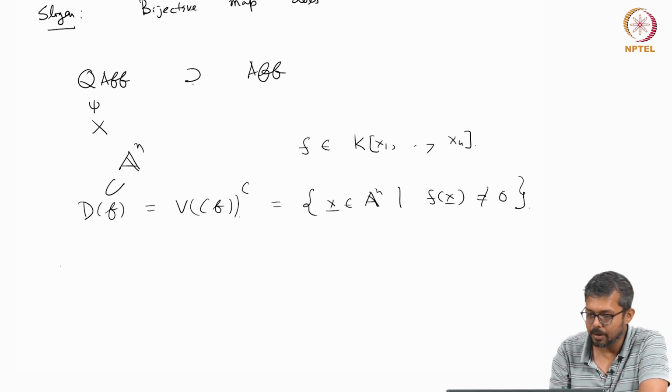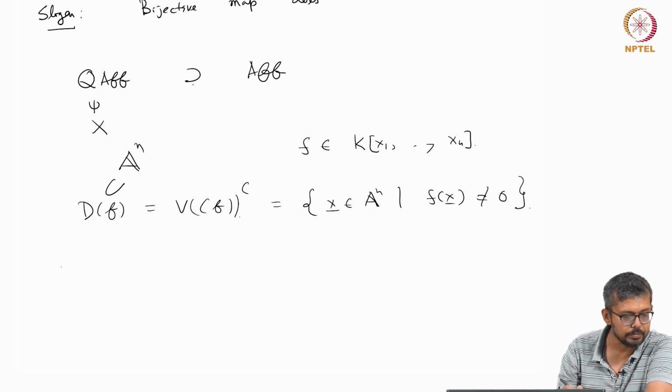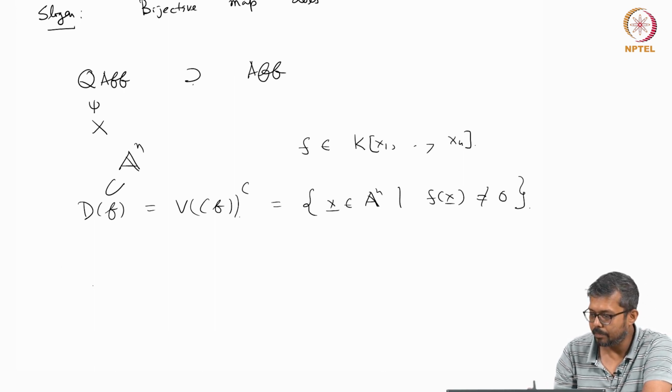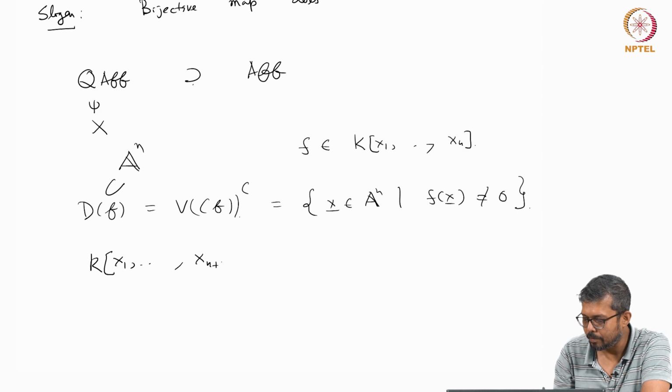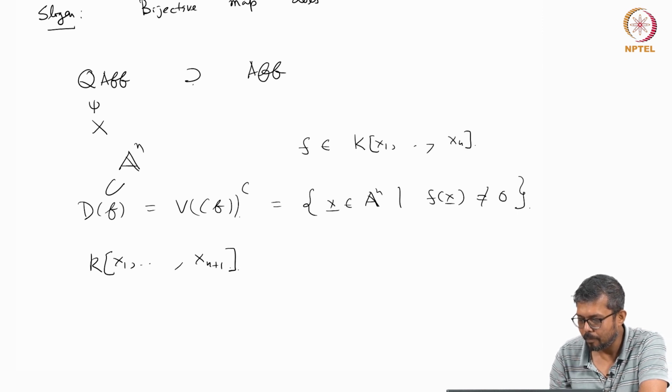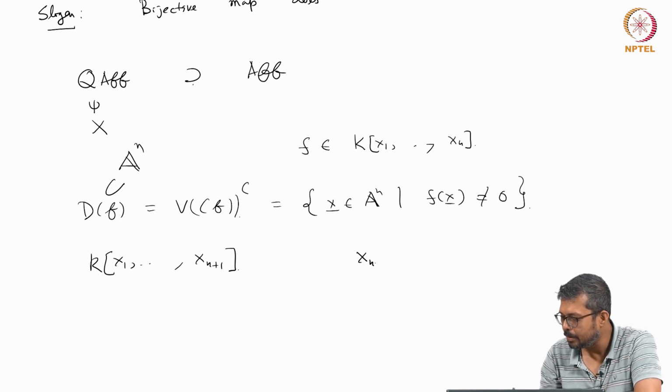So for example, you take k[x1, x2, ..., xn, x_{n+1}] and consider this polynomial x_{n+1} f minus 1.